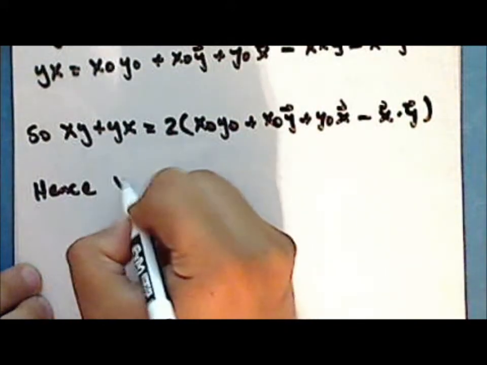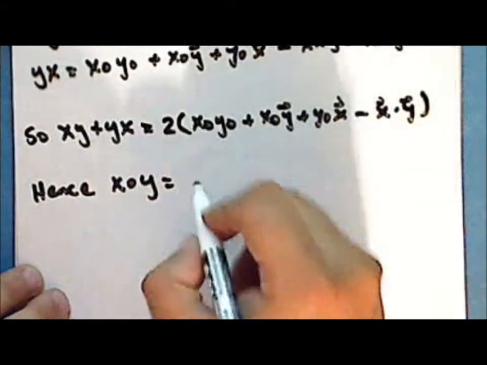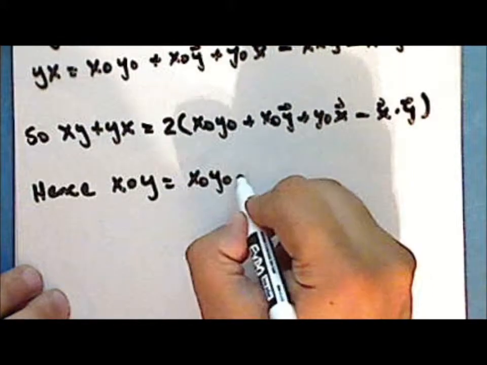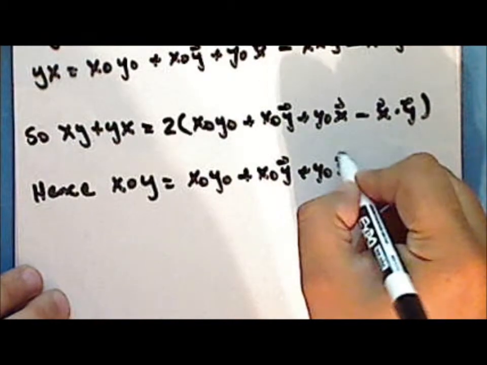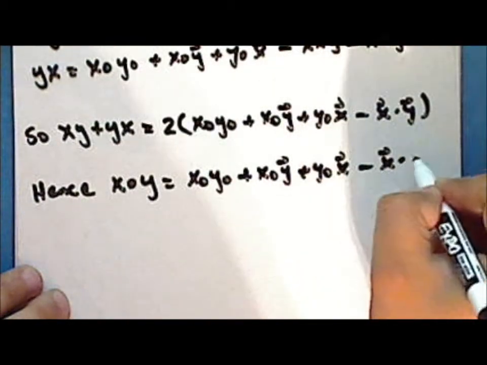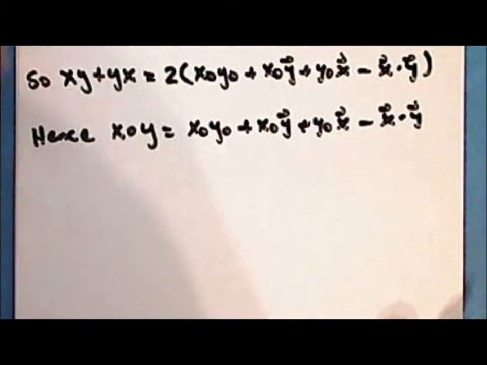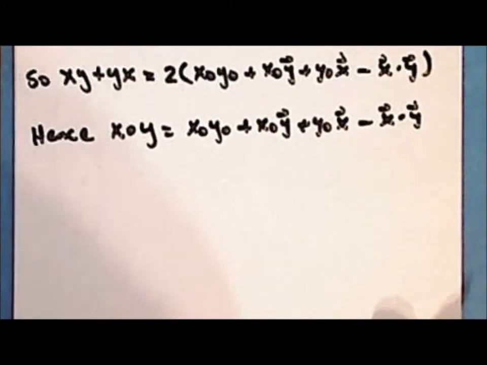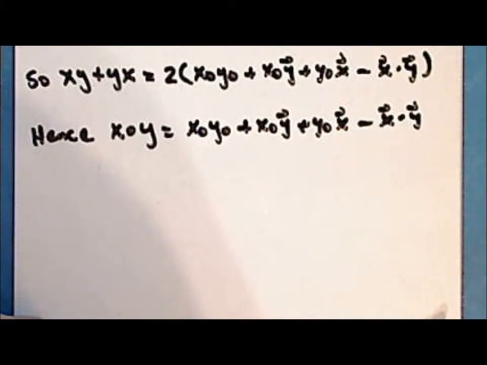And hence the product x circle y is the quantity x sub naught times y sub naught plus x sub naught times the vector y plus y sub naught times the vector x minus the dot product of y and x. And again, this is now a commutative operation, a form of multiplication that is commutative. So now we need to show that this satisfies the Jordan identity.